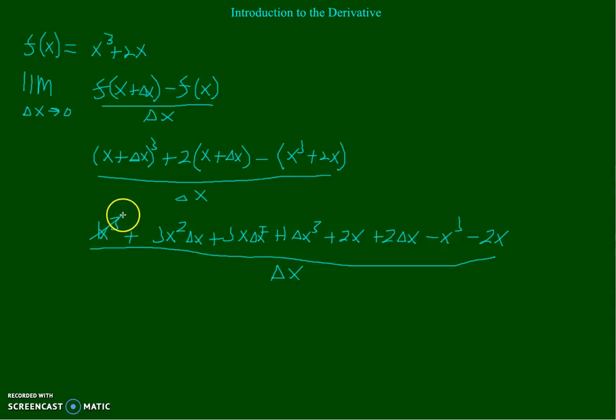Okay, now we should have cancellations that get rid of everything but delta x terms. So this and this cancel out. This 2x and this 2x cancel out. So now we have 3x squared delta x. And you have to be careful here because it's real easy to trip up on something simple.